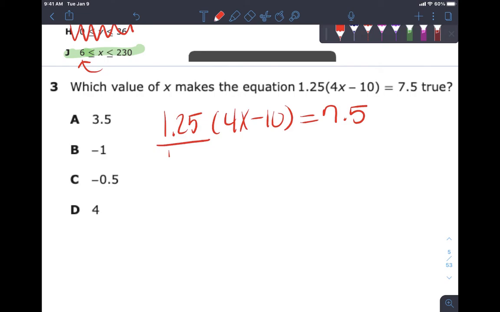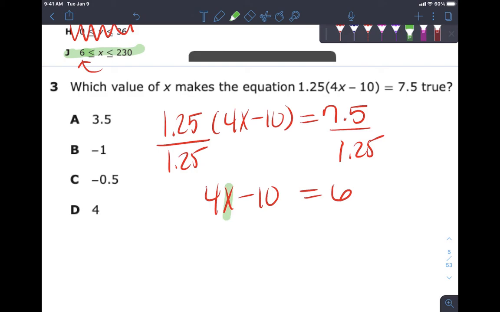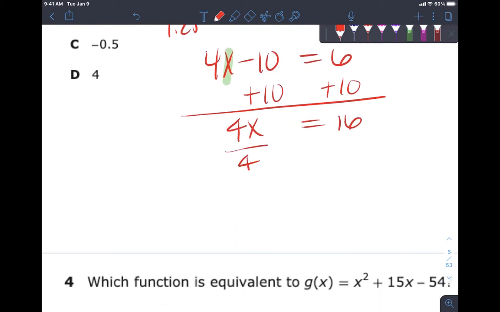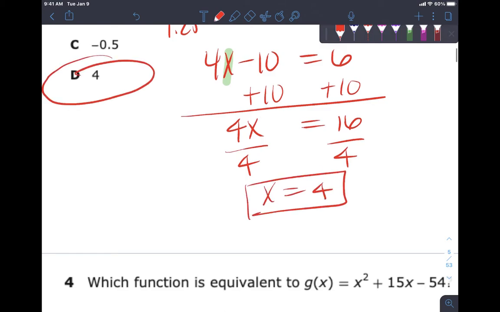So I'm going to go ahead and divide just to get rid of that 1.25 because I'm trying to avoid creating decimals. Okay, now I can do exciting move, great divide, in order to get this x by itself. And I end up with a value of x equals 4.